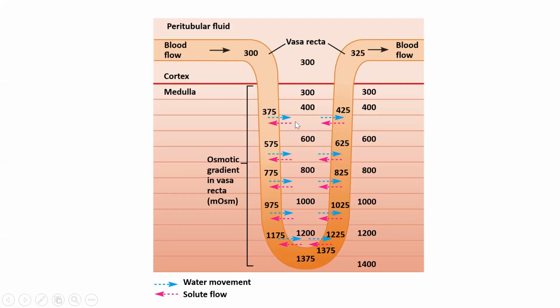And so as we're reabsorbing solutes from the ascending limb of the loop of Henle, we reabsorb those solutes into the descending limb of the vasa recta. And on the other side, we see the opposite is true. As we reabsorb water from the descending limb of the loop of Henle, we reabsorb that water into the ascending limb of the vasa recta. And this is facilitated because of that bidirectional flow that we see between the vasa recta and the loop of Henle, okay? I hope that made a little bit more sense.